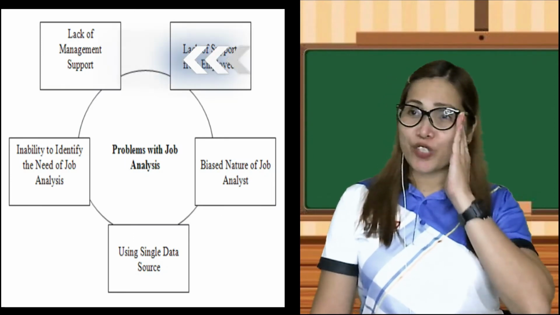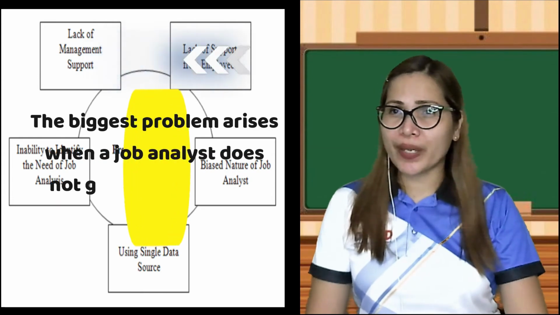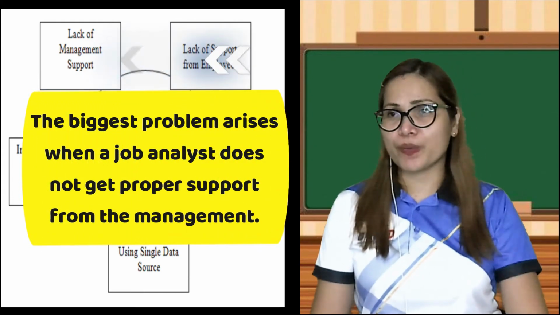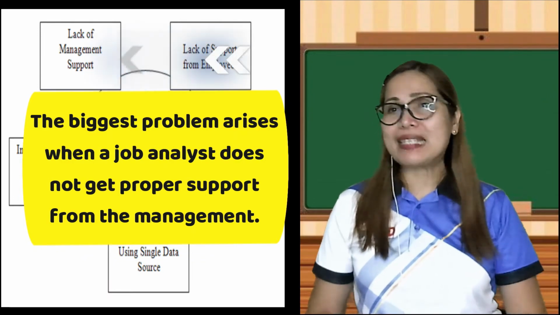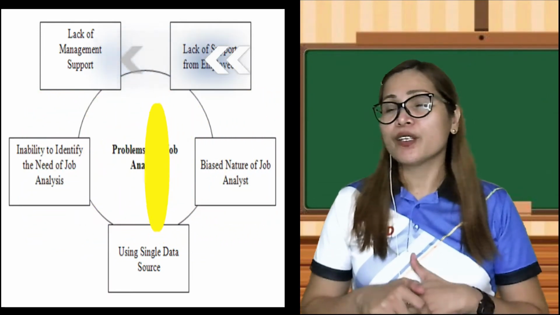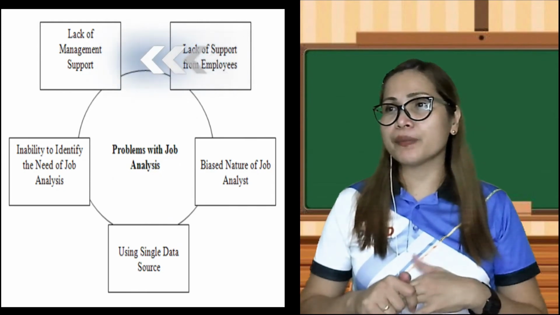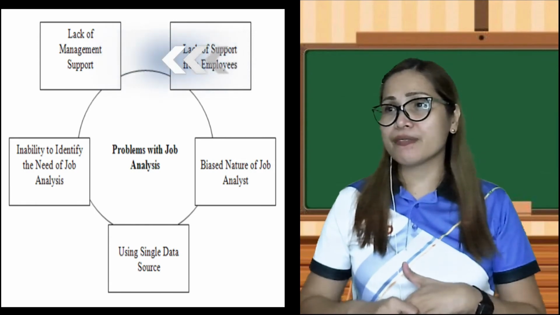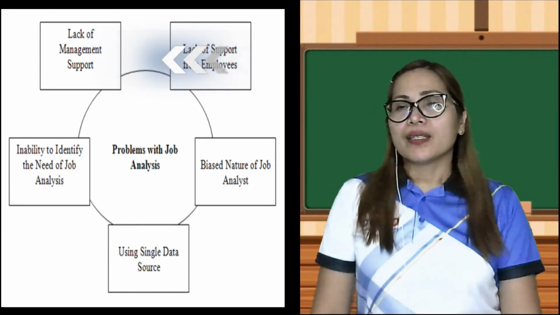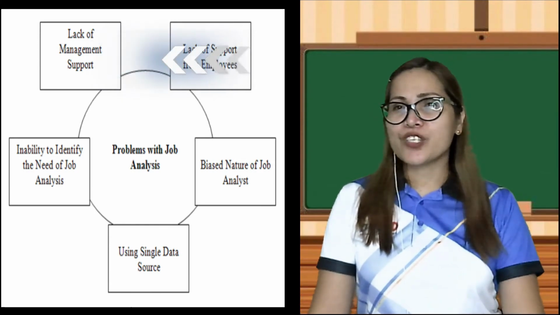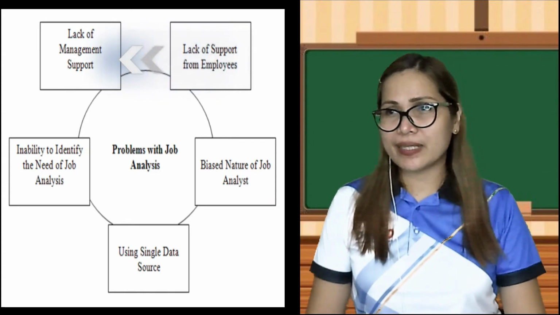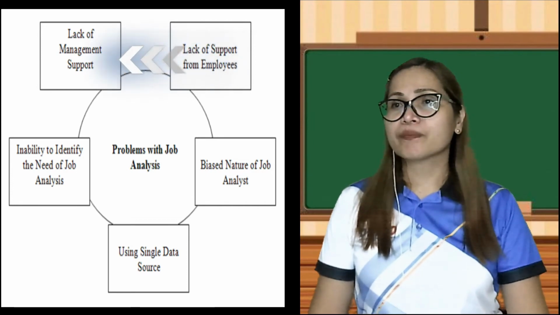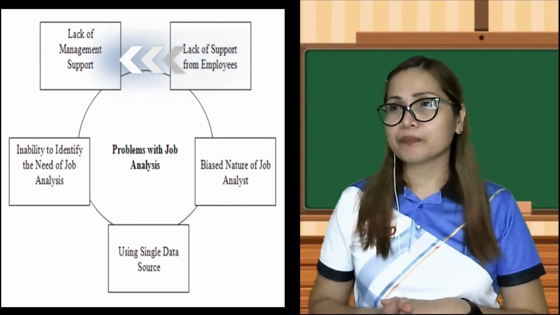Problems with job analysis. Lack of management support. The biggest problem arises when a job analyst does not get proper support from the management. The top management needs to communicate it to the middle-level managers and employees to enhance the output or productivity of the process. In case of improper communication, employees may take it in a wrong sense and start looking out for other available options.